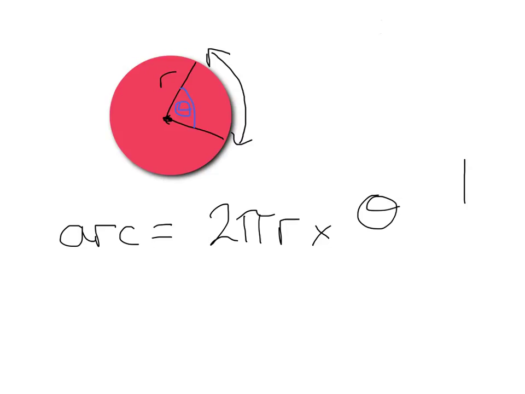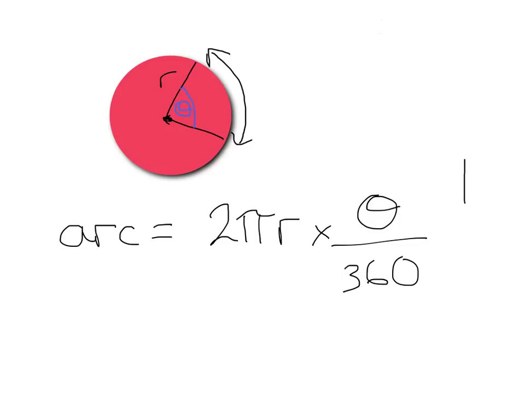What you would do previously, so let's deal in degrees like we used to, the arc would be equal to 2 pi r times theta out of 360. That's what you would want as a fraction of the whole, the theta out of 360, and then you can work out what the arc length is.